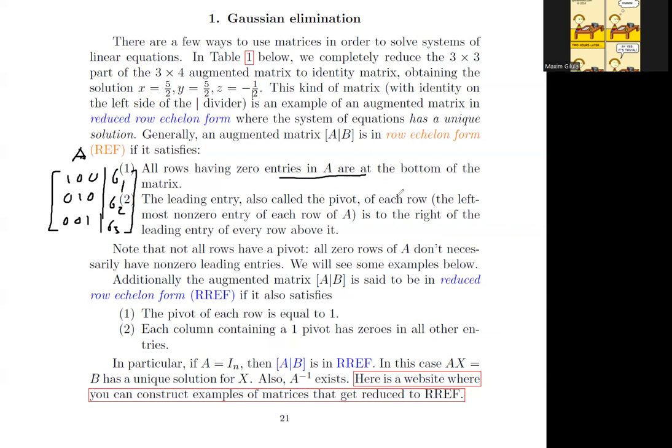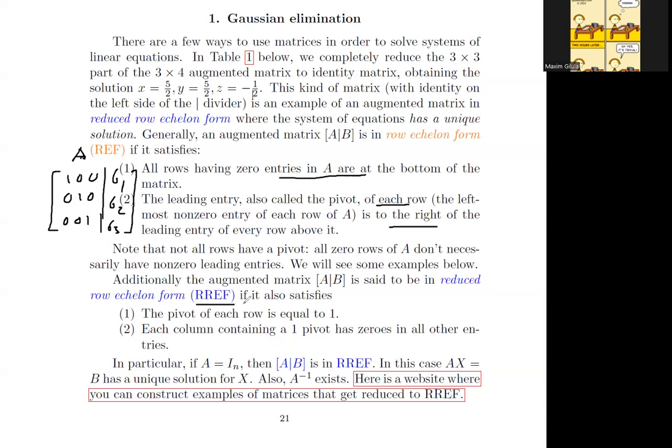The leading entry of each row is to the right of the leading entry in every row above it. In the first row, there's nothing above it. In the second, it's to the right of the pivot above it. And the third is to the right of the one above it in the second row and to the right of the first row. So it's in row echelon form.